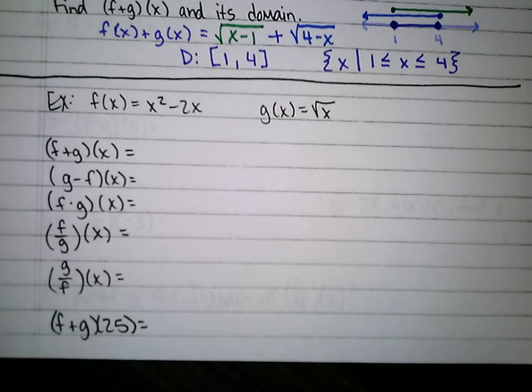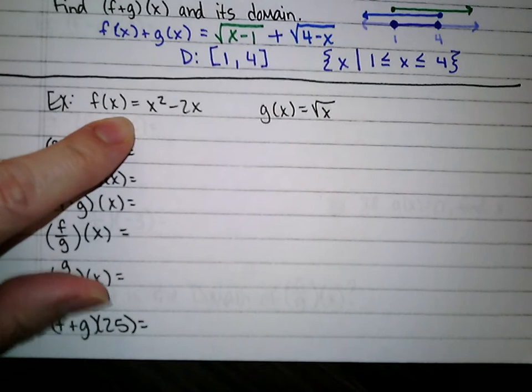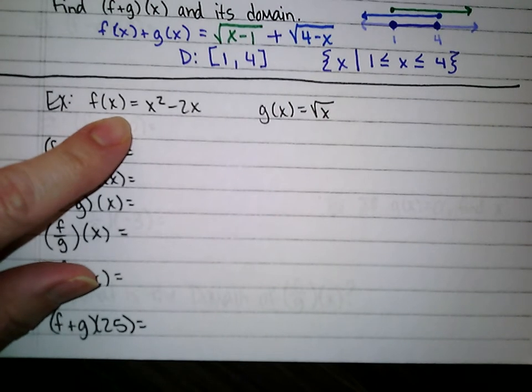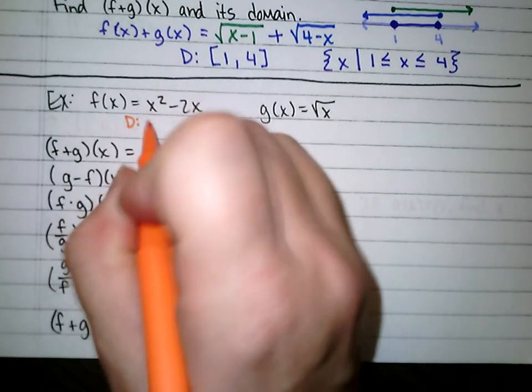All right, x squared minus 2x for one of our functions and square root of x for the other function. Let's see, this f of x does not have any variables in the denominator, does not have any variables under an even index radical, so its domain would be all real numbers.